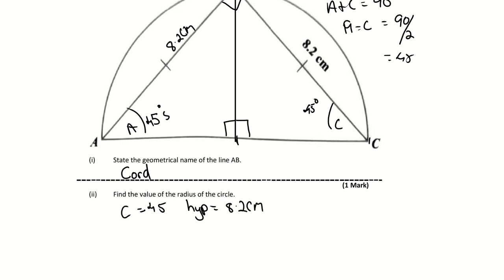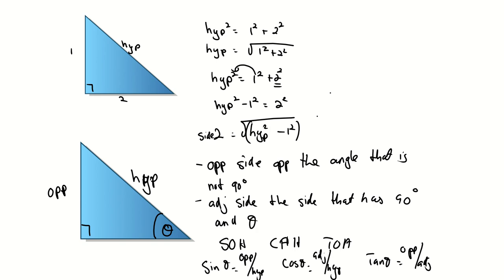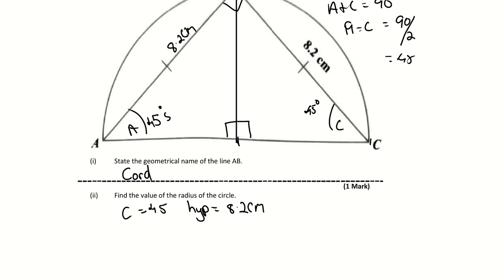There is another way to do this question, but hold on. You can say the radius, oh yeah, if you have 90 and theta, remember I told you that your adjacent side has your 90 degrees and your theta, which is exactly what it has here. So your radius is equal to your adjacent side.